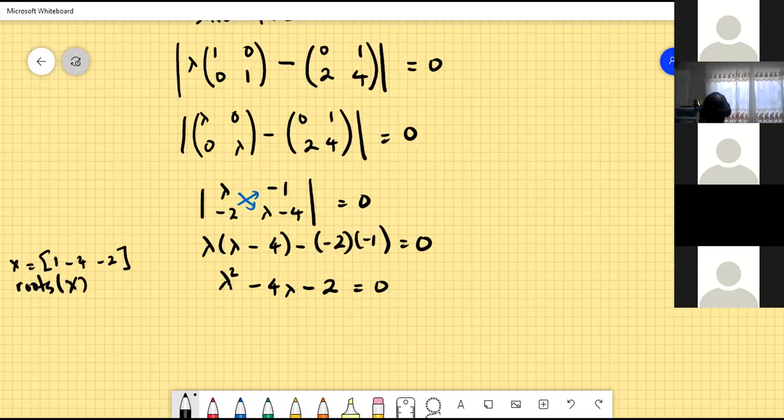Should I let MATLAB download? The roots are 4.45 and minus 0.45.